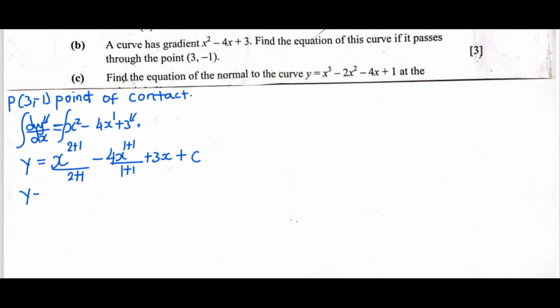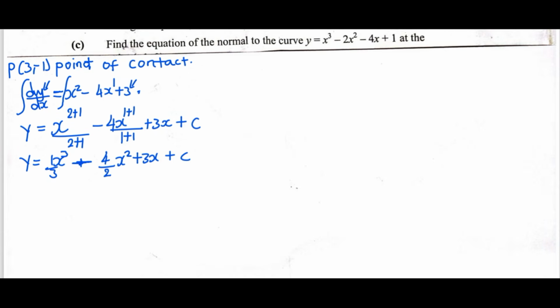So let's now have y is equal to x to the power 3 over 3, then minus 4 over 1 plus 1, we are going to have 2x squared, plus 3x, then we add c. Then after that, we can reduce, so y is equal to 1 over 3 x to the power 3 minus 4 over 2 x squared.